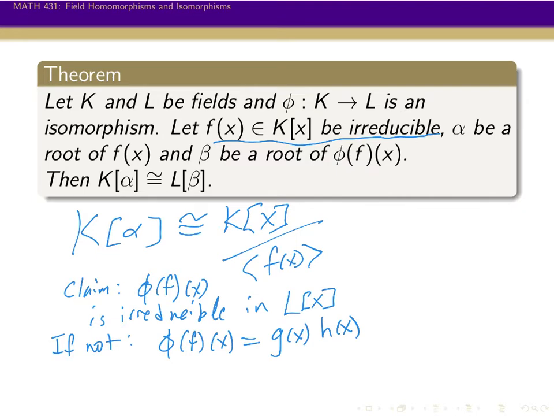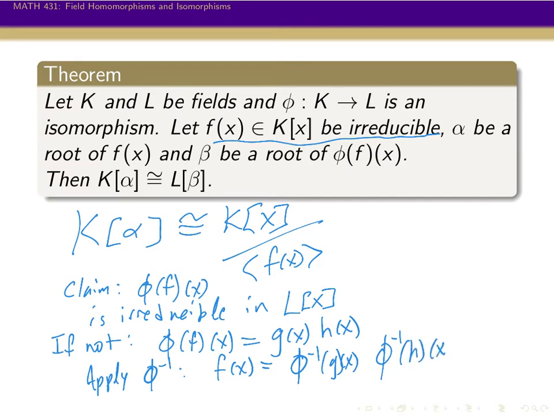Well then, since phi is an isomorphism, then phi inverse is also an isomorphism, and so we can apply phi inverse. And we get that f of x would be equal to the product of phi inverse of g of x times phi inverse of h of x.